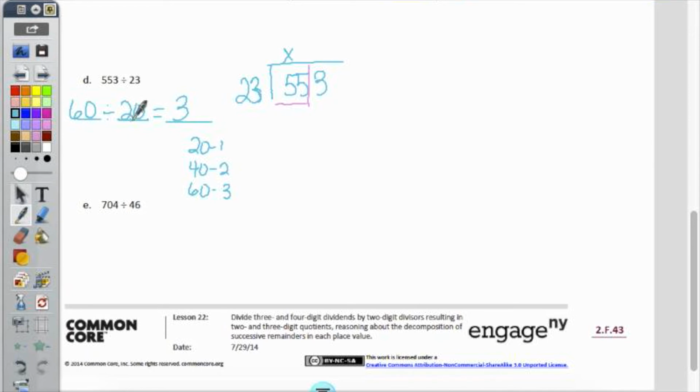Not the 20, that's just our estimate. This is just here to help us find the 3. What do I take times 3? 23. So all the way over, 23 times 3, this is our guess and check.